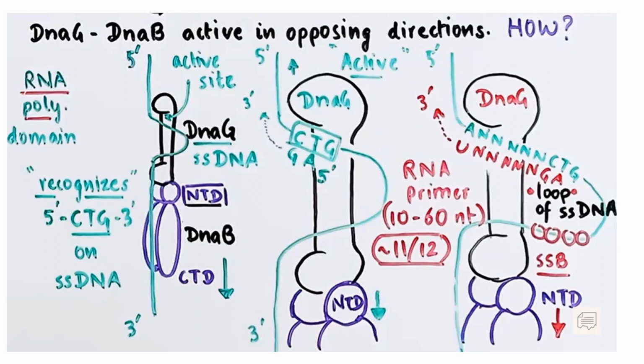This loop is stabilized by some single-stranded binding protein. So this is how the recognition of the priming site by DnaG and helicase movement are coordinated.